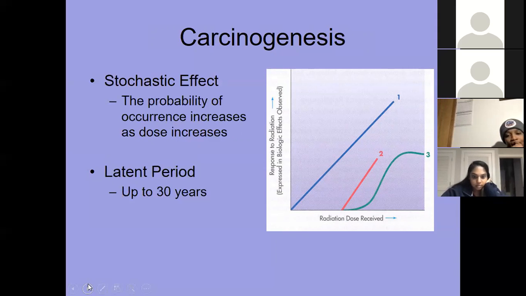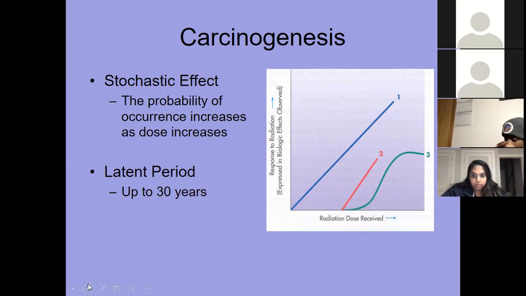Now there is some, I guess, disagreement among the literature and among reports. The BEIR Commission, the Biological Effects of Ionizing Radiation, in 1980 reiterated the linear non-threshold dose-response relationship.